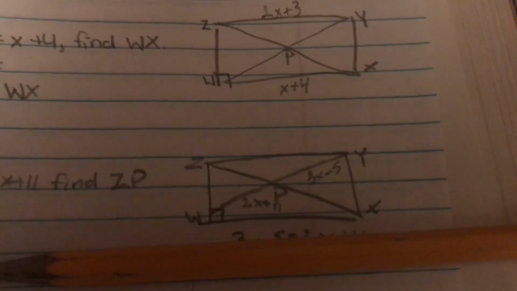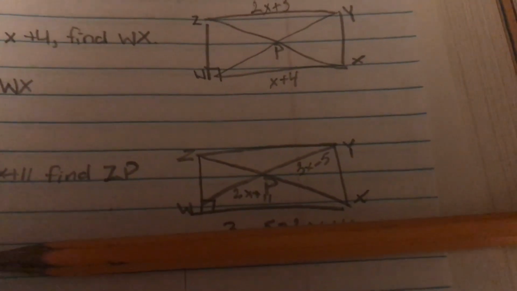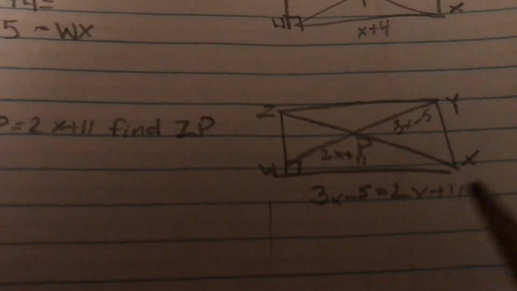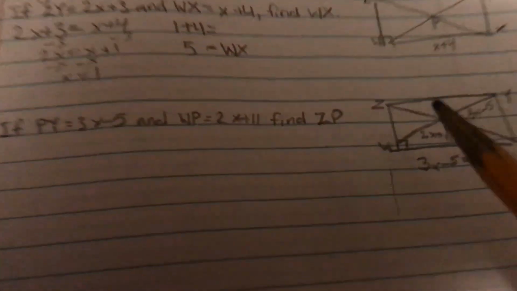So WP is 2x plus 11 and PY is 3x minus 5. We're going to set them equal to each other because this is a rectangle. Now we want to find out what GP is.